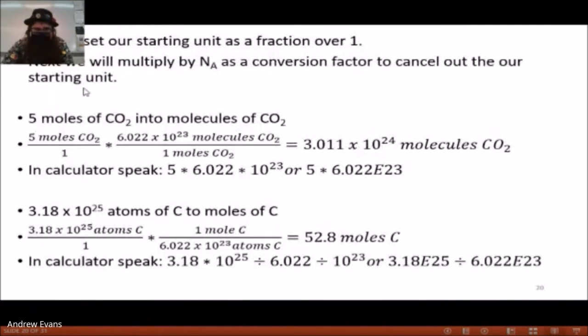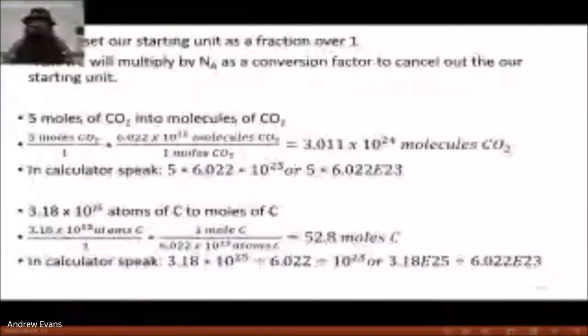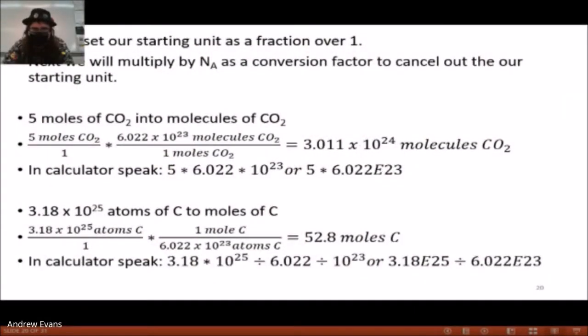Okay. So we'll start off whenever we do a conversion like this by saying a fraction over 1. And then we're going to either multiply by Avogadro's number or divide by Avogadro's number to cancel out our starting unit. So if I have 5 moles of CO2 and I want to know how many molecules of CO2 you have, I'm going to start off 5 moles over 1.